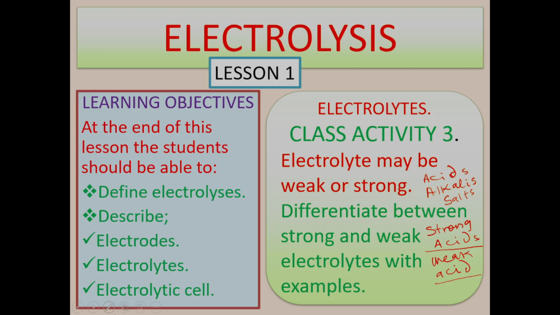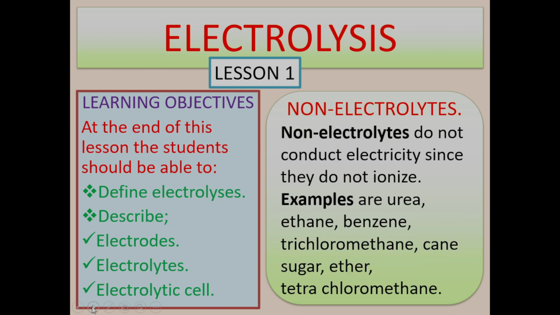Let's look at the next part of lesson 1. The next part is telling us about non-electrolytes, which are the opposite of electrolytes. These are also compounds, particularly covalent compounds.